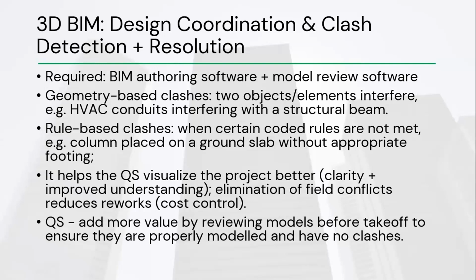You can see how beams and columns are coming in. You can see how the electrical, plumbing, and mechanical aspects are coming in visually, which improves the clarity and understanding of the project, and is going to help you as a quantity surveyor to come up with, I think, better estimates and quantities, unlike when you are using only 2D drawings.